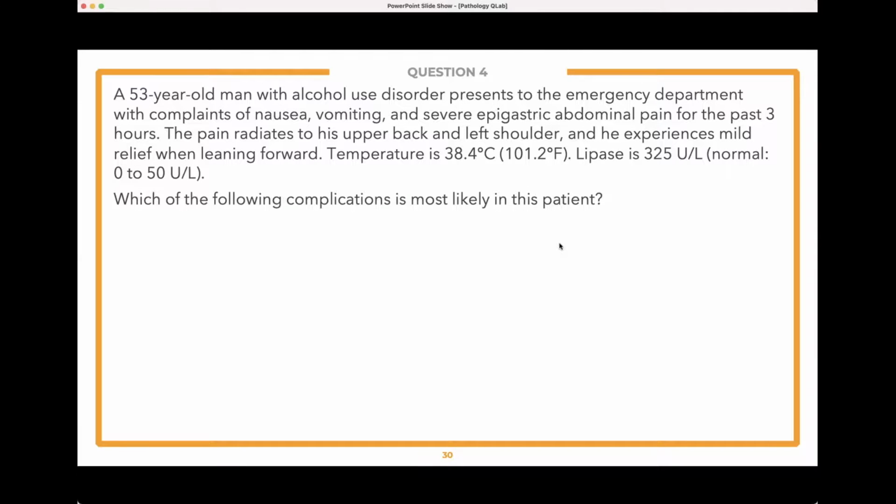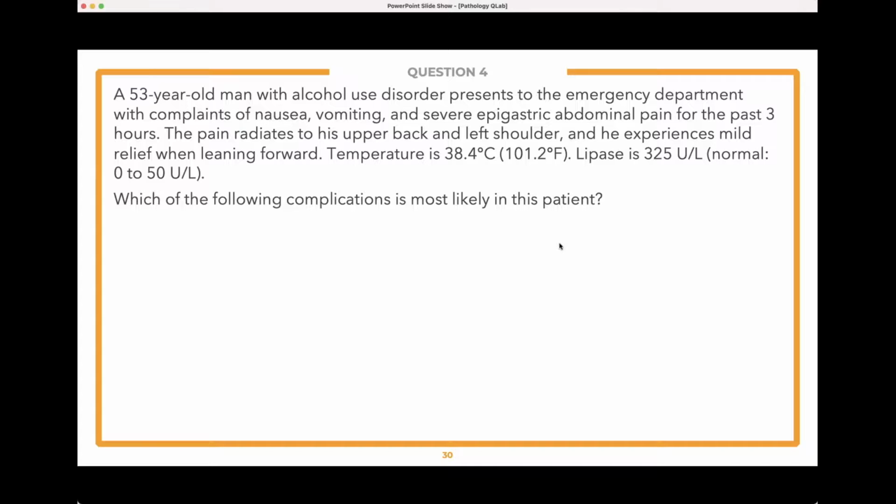Again, we've got all of those answer options covered up, and we're going to start with that lead-in. Which of the following complications is most likely in this patient? Okay, so you know that there's something going on here, so let's see if we can figure it out. A 53-year-old man with alcohol use disorder presents to the emergency department with complaints of nausea, vomiting, and severe epigastric abdominal pain for the past 3 hours.